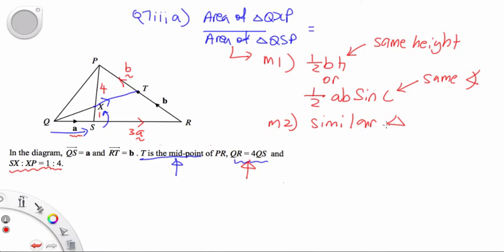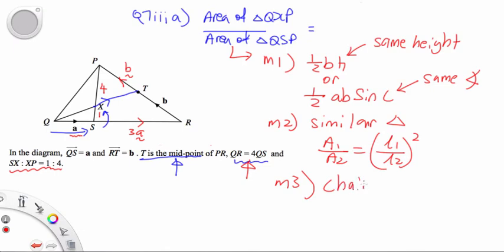And if they are similar triangles, then you can use the formula A1 over A2 equals to L1 over L2 squared. Now for method 3, if both method 1 and 2 don't work, that means you must use the chain rule. Later on, I will explain how to use the chain rule, because the last question you need to use the chain rule.